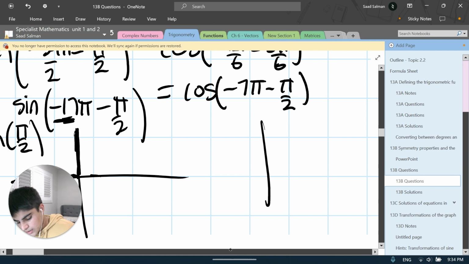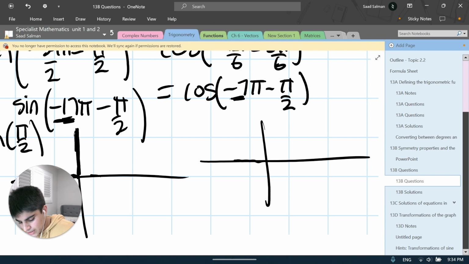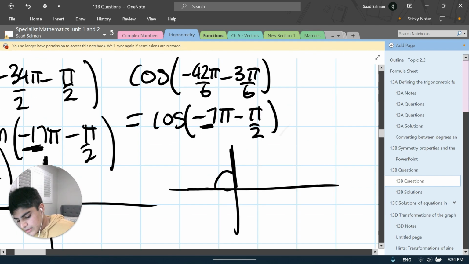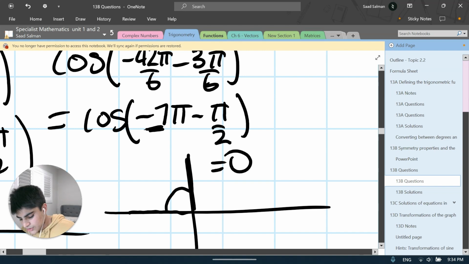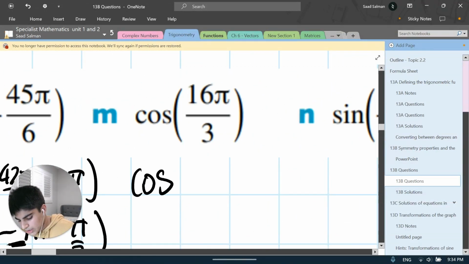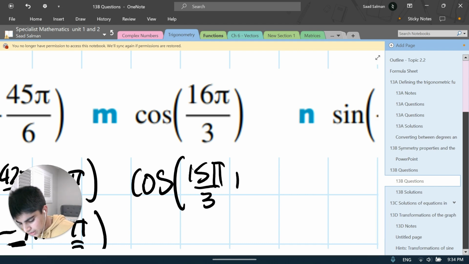So as I said, because it's a negative coefficient, we're going to end up here, and minus pi on 2 brings us back here. Sine is 1, cosine is 0. This equals 0.